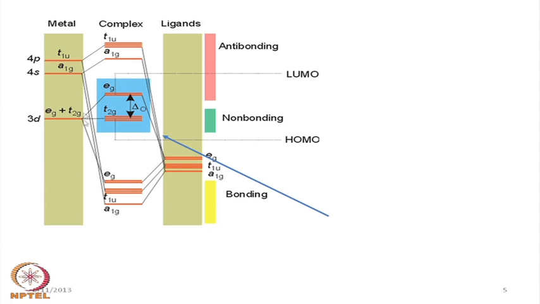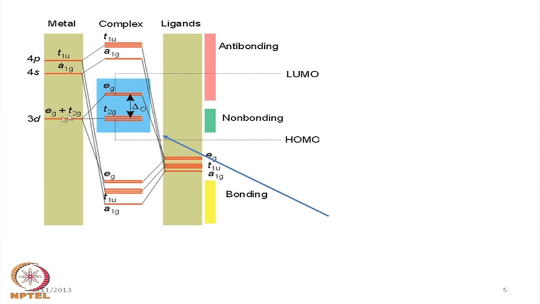This drawing is similar in terms of the molecular orbital formation, where the atomic orbitals available from the metal side are the 3d, the 4s and 4p orbitals. Some lower level s and p orbitals are also present, but they are all filled and will not show any kind of interaction with these orbitals.